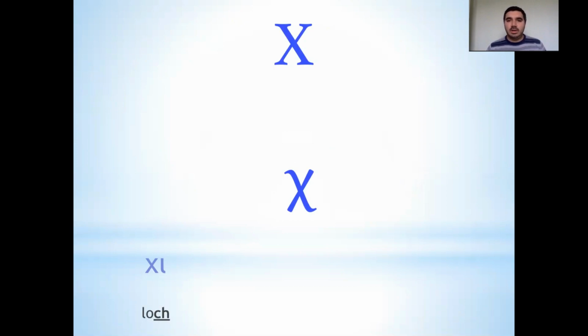Although loch has a very rough sound at the end, you have to think of that sound but a bit softer. It is not sh, it is not h, it is chi. You have to press the lower part of your palate just at the back and blow.